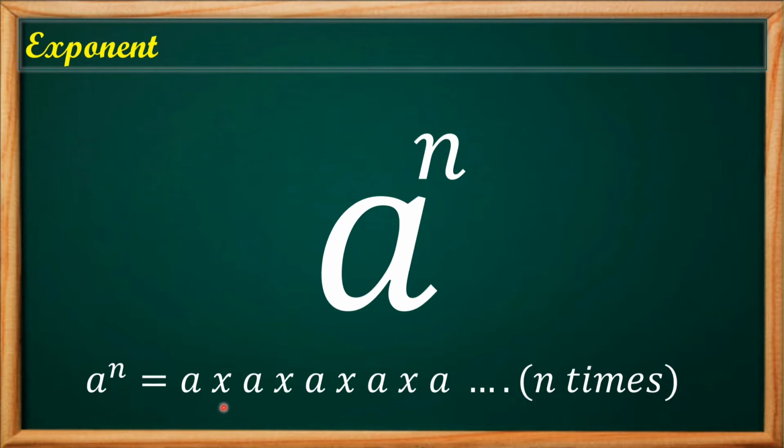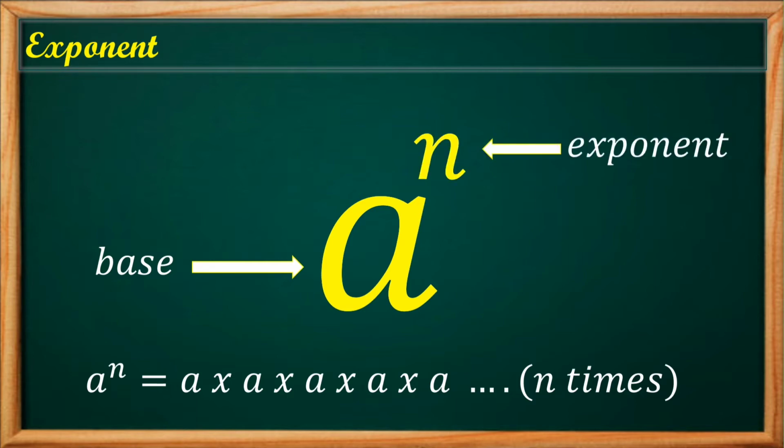It depends on the value of n how many times that a will be multiplied. A is what we call our base, and n is our exponent. Itong malaki is the base, and yung maliit na nasa ibabaw is the exponent.